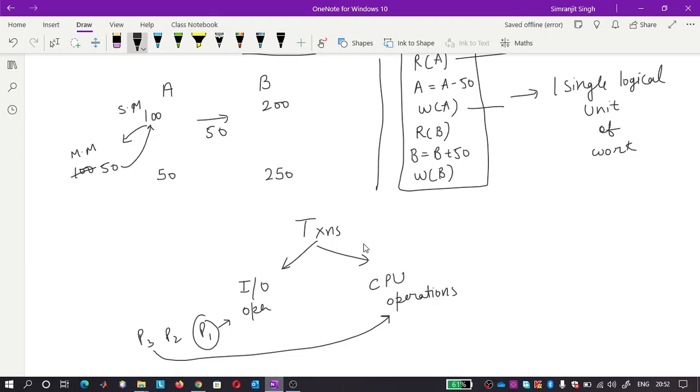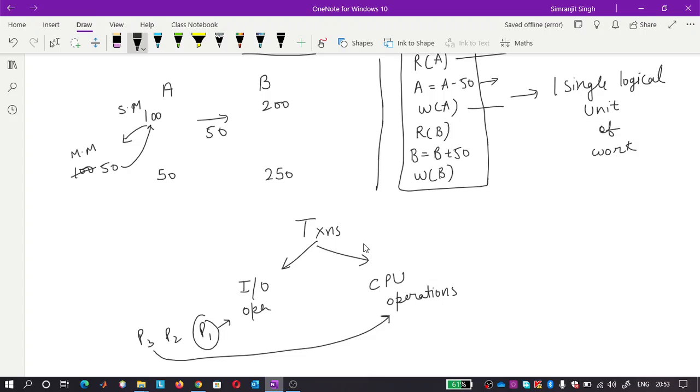Okay, so this is what I mean when I say transactions can be divided into two parts. First one is IO operation and second one is CPU operation. It means that some particular operations only need IO and some need CPU. Like in this particular example, you can see CPU is needed because there is an arithmetic operation going on.